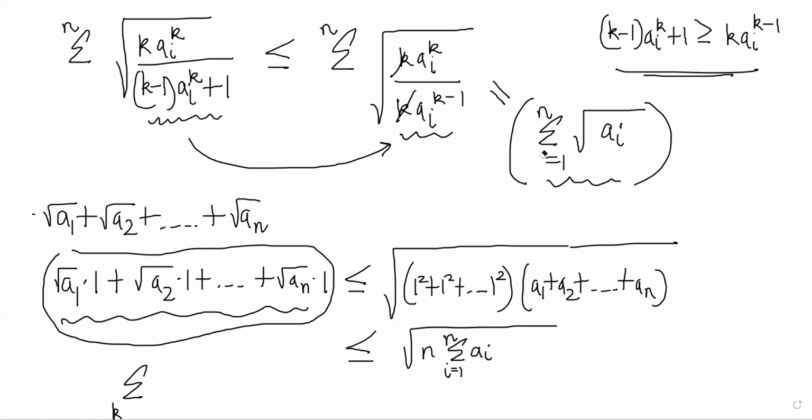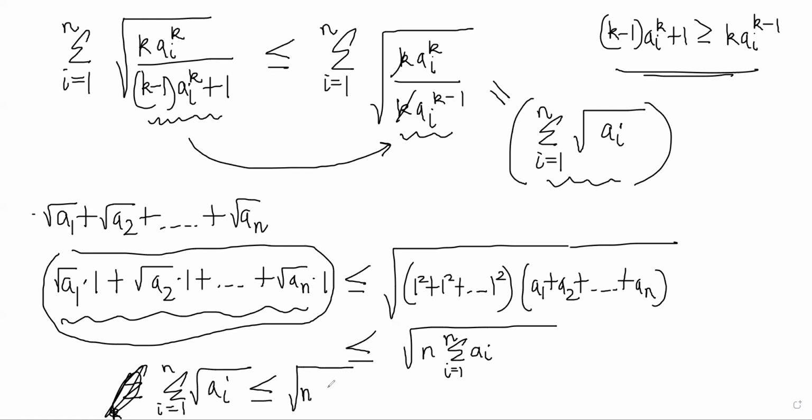In all of these steps, it was summation over i. I made a mistake in writing. i goes from 1 to n, right? So this is also the summation of i goes from 1 to n of root a_i, which is less than or equal to root over n times the summation of a_i, where i goes from 1 to n.